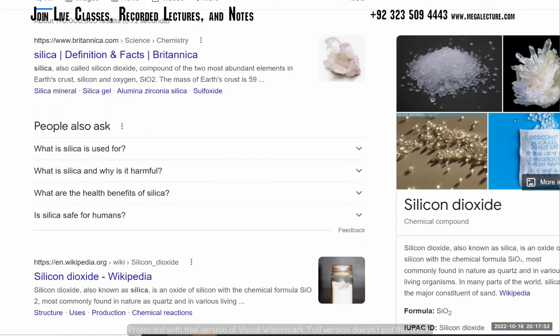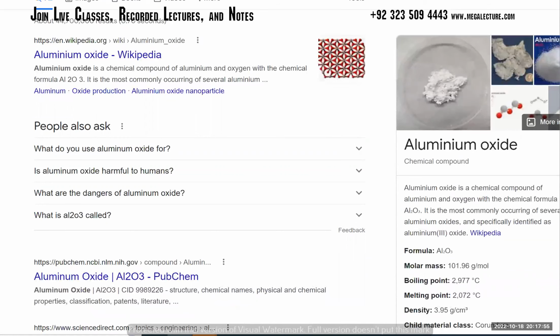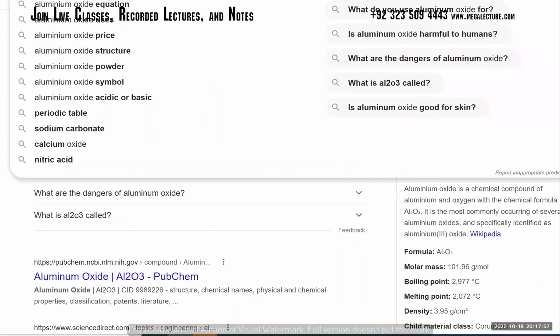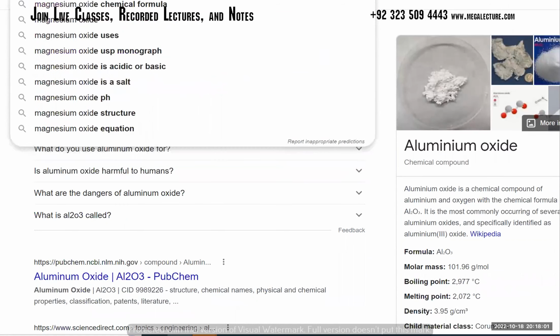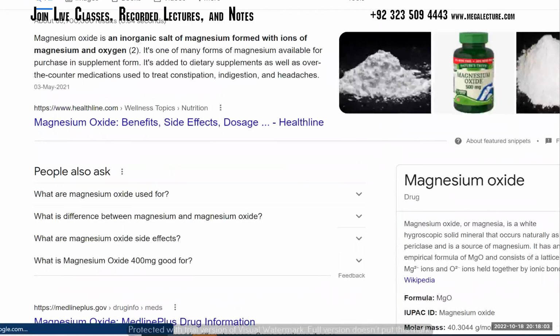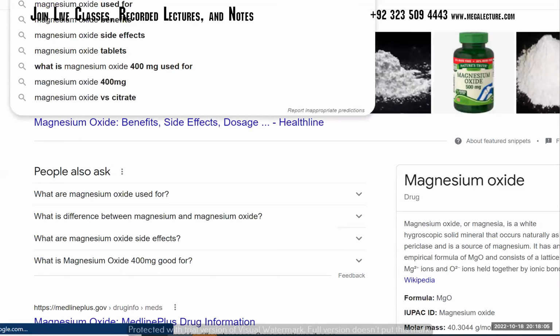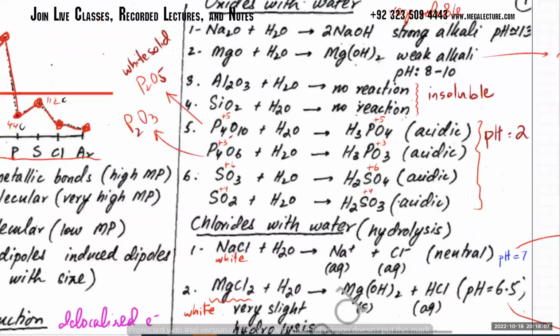Remember, transition metals are the ones that are actually colored. Aluminum oxide, magnesium oxide, they're all like salt, NaCl. Magnesium oxide will also be a white solid. NaCl, that's also a white solid. So remember the colors as well. Sulfur trioxide and sulfur dioxide, these are gases. These are acidic gases.